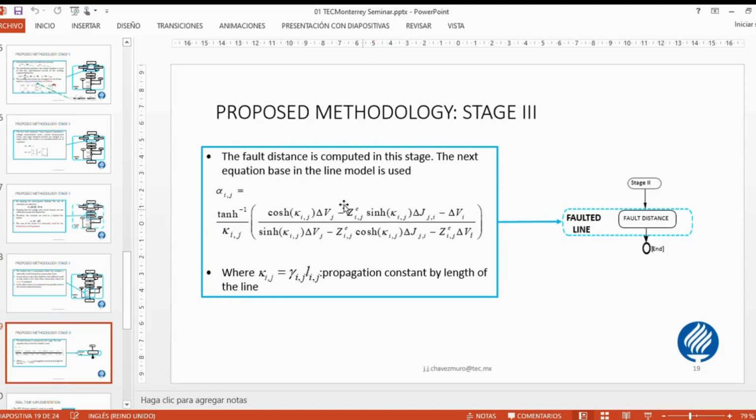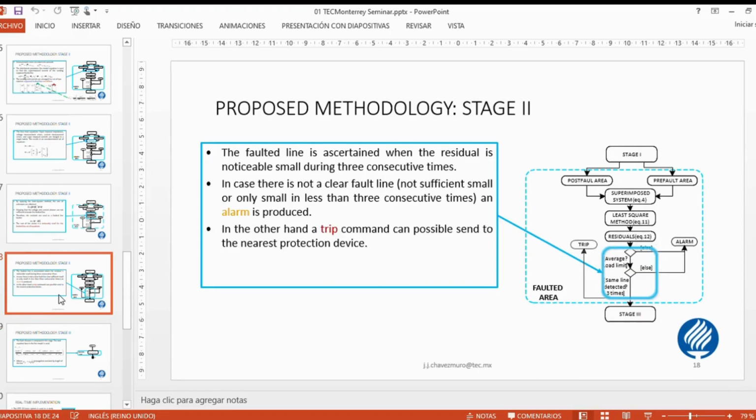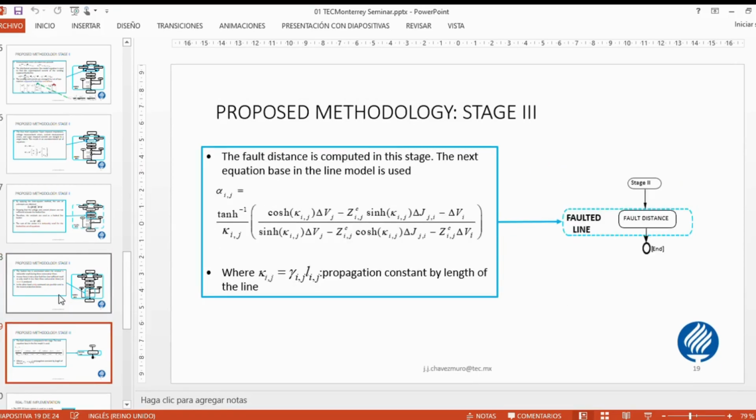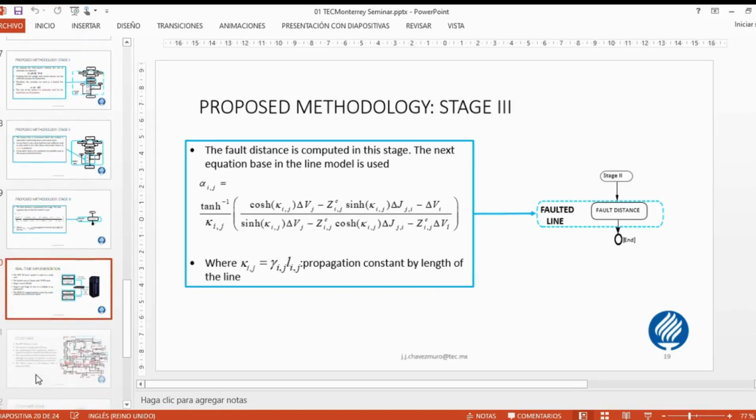Then at the end, we use this equation, including the propagation constants, to determine where the fault is in a single transmission line. Here we already know what the transmission line and the fault are, and here we determine the distance on the line.